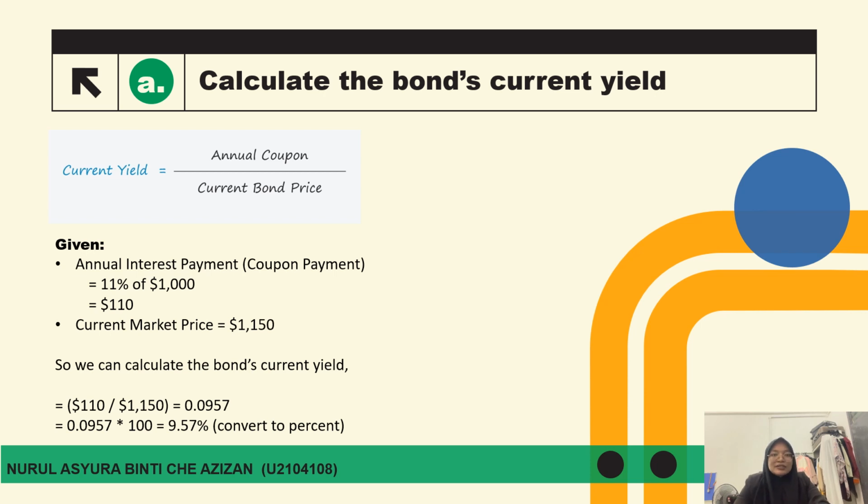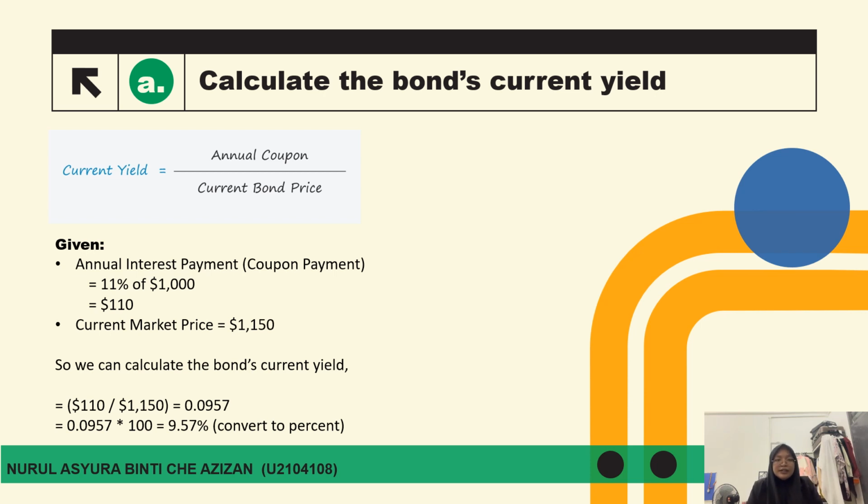Question A asks us to calculate the bond's current yield. The formula that I use to calculate the bond's current yield is annual coupon divided by the current bond price. The given annual interest rate in this question is 10%. So I take 10% times $1,000 and I get $110 for the annual interest payment.